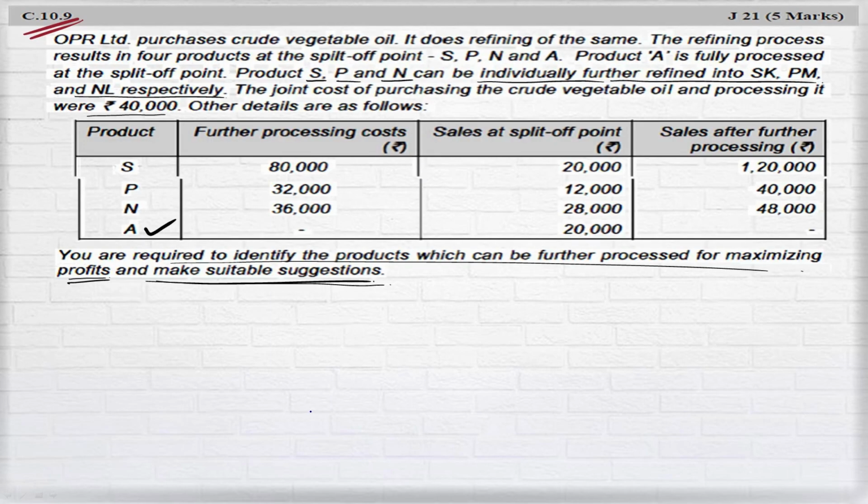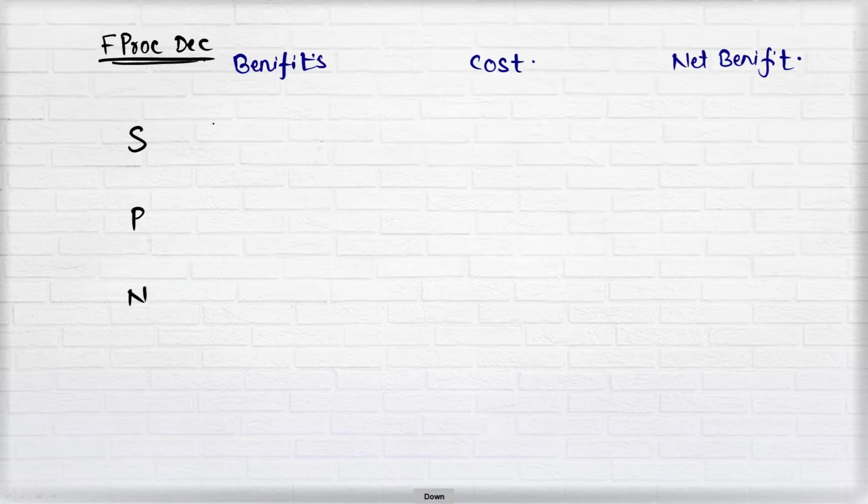Please concentrate. S: sales at split off point. If you sell it at split off point, how much sales value can you earn? If you sell after further processing, how much sales value can you earn? 1 lakh 20. What is the benefit of further processing? 1 lakh 20,000 minus 20,000.